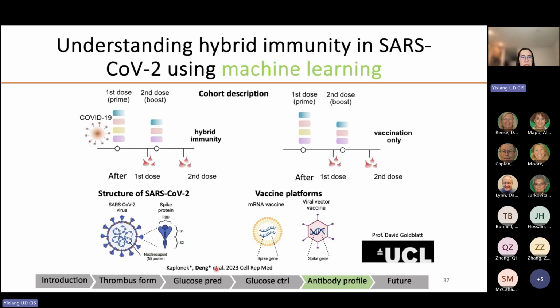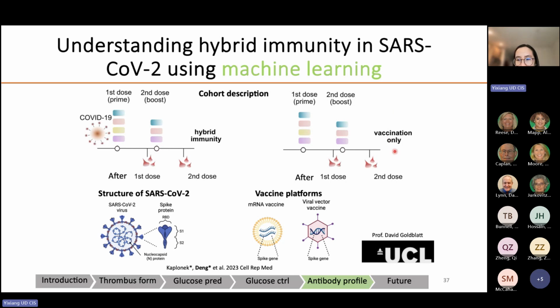So I'm showing you how we can use the systems serology machine learning approach to understand the data obtained from hybrid immunity in SARS-CoV-2. Specifically, our cohort is separated into two. One is called hybrid immunity, meaning the patients had been infected by COVID-19 before their 2-dose vaccinations.